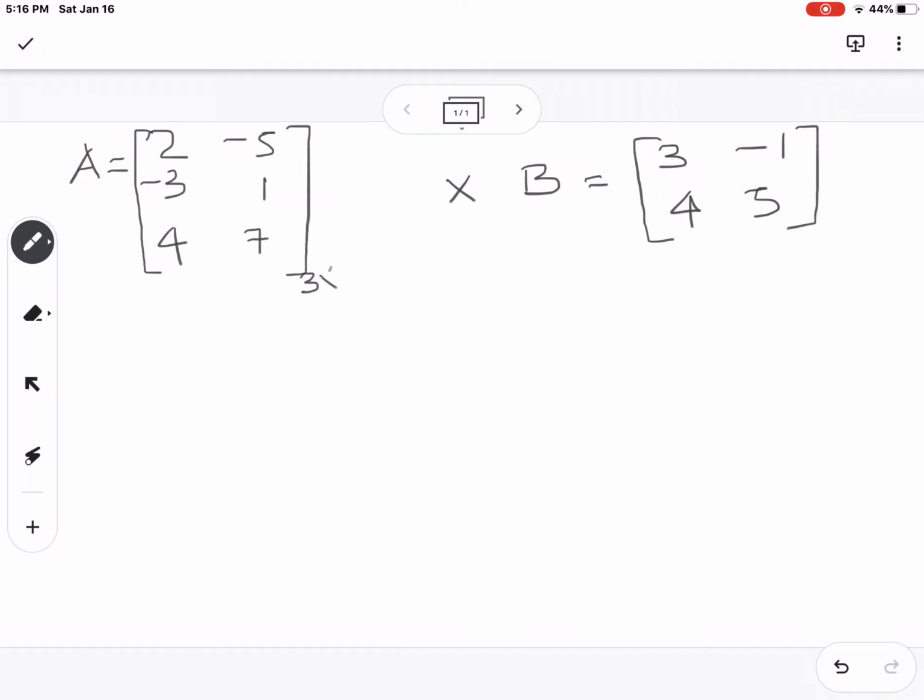So let's write that down here at the bottom, 3 by 2 and 2 by 2.